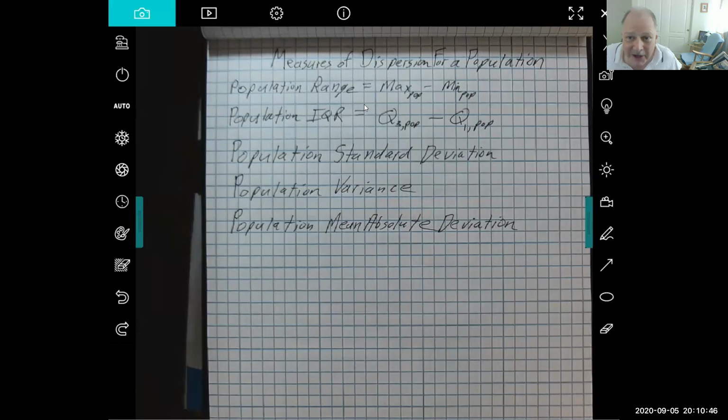So that's a case where the sample statistic, the sample range, is not very good at estimating the population parameter.